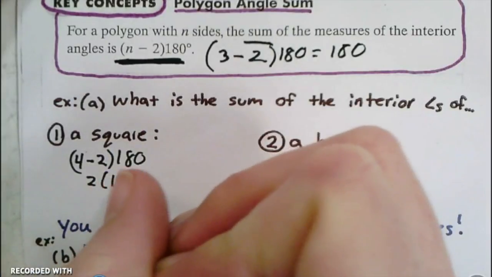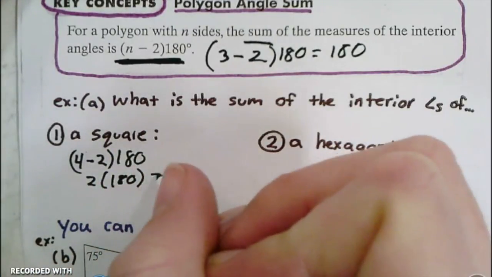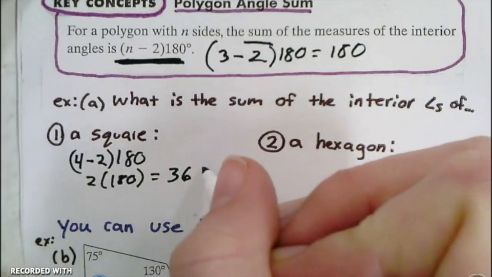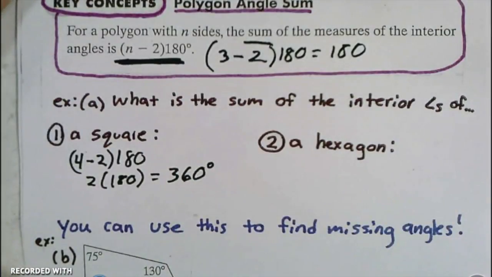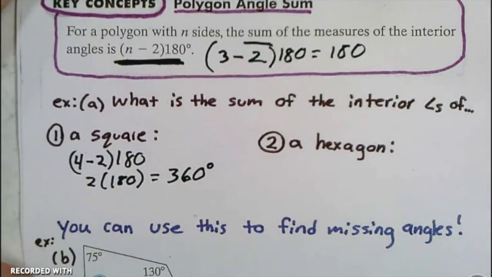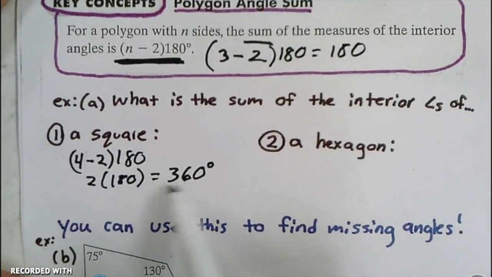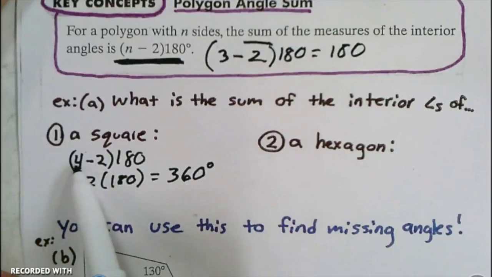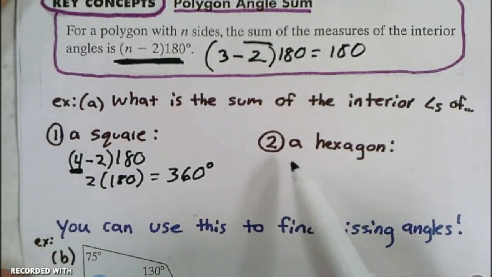And I'm going to multiply 2 times 180, which equals 360 degrees. So the sum of all of the interior angles in a square will equal 360 degrees. And that's true of any 4-sided figure, any quadrilateral, whether it's a rhombus or a trapezoid or a parallelogram, any of them, they will all equal 360 degrees because they have 4 sides.